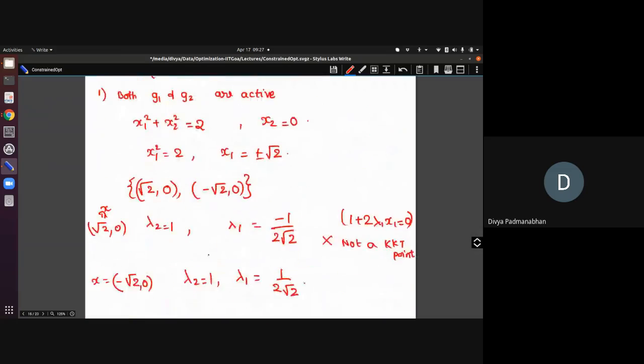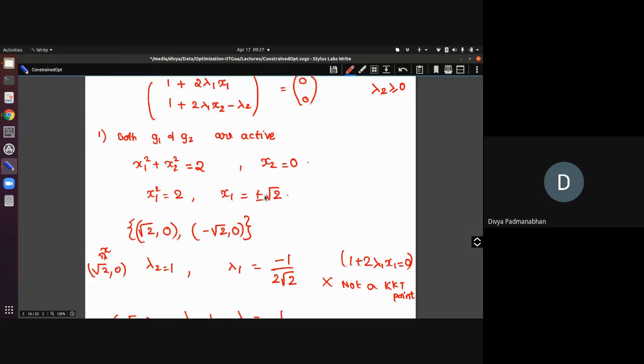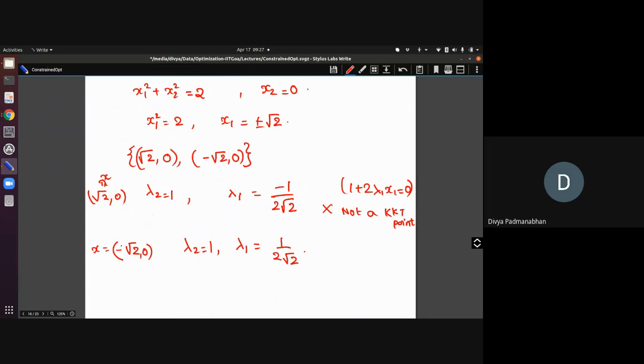Because anyway, these two constraints were active, so complementary slackness is satisfied. Then you have these lambdas greater than or equal to 0, and this x is feasible. So this is a KKT point. This is one KKT point.